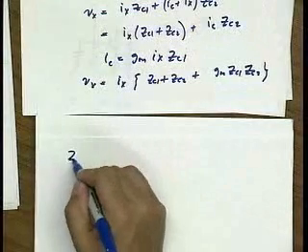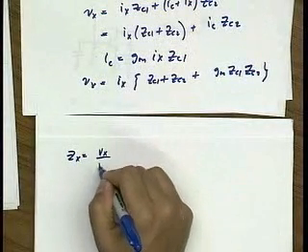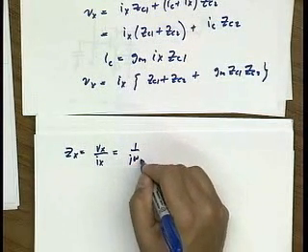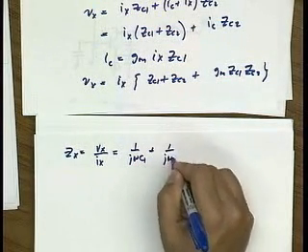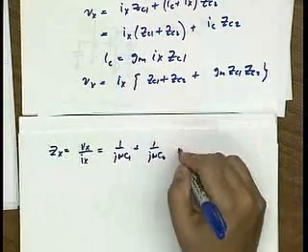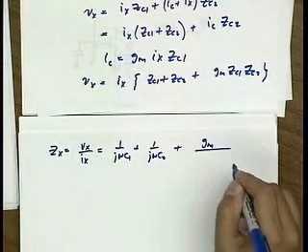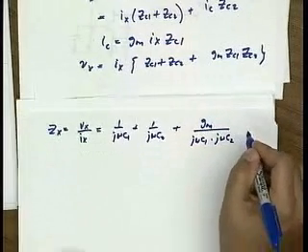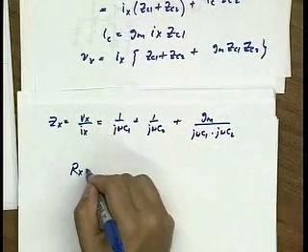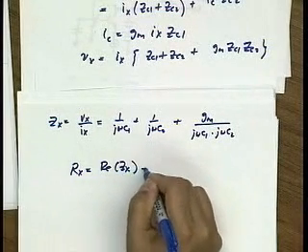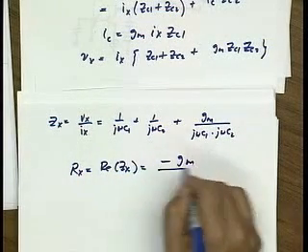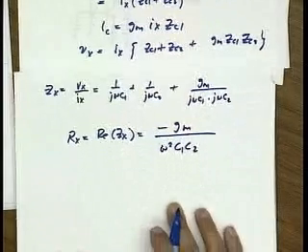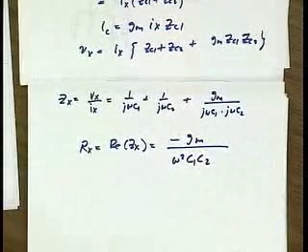So Zx, which is the ratio of Vx over Ix, looks like basically two capacitors in series plus Gm over j omega C1 times j omega C2. In other words, Rx, which is the real part of this, is minus Gm over omega squared C1 C2. Okay, questions?